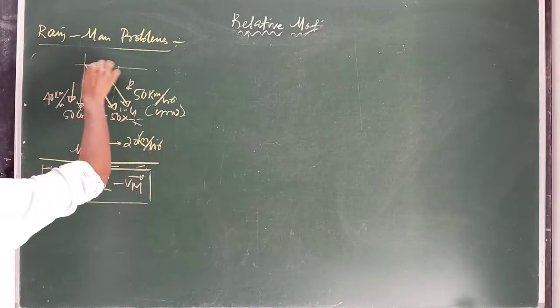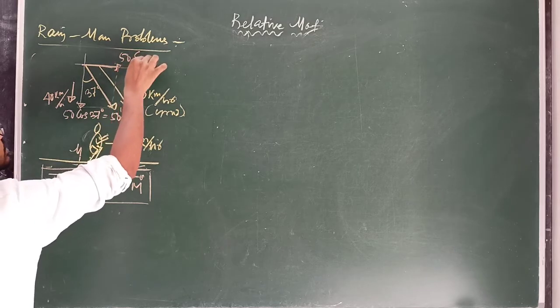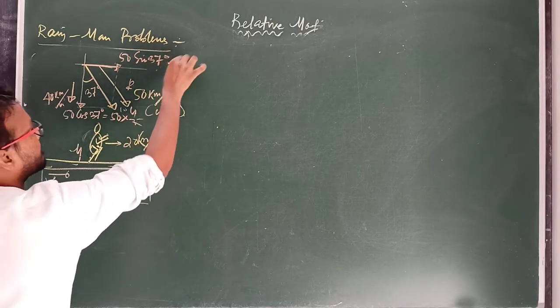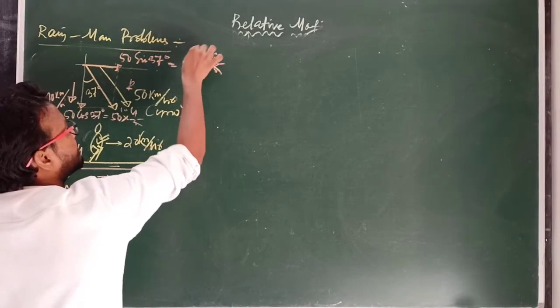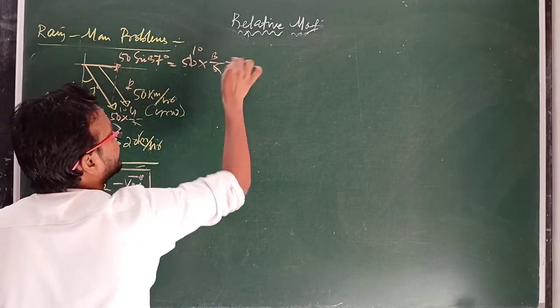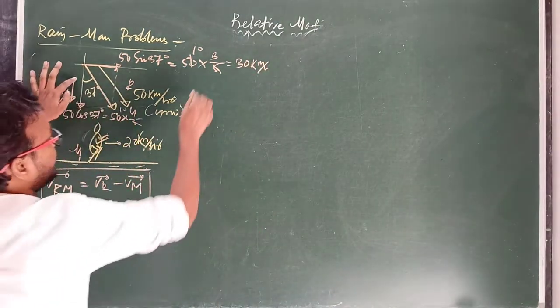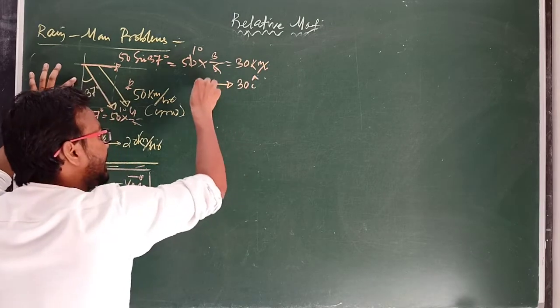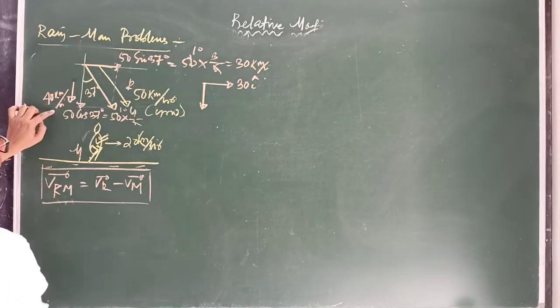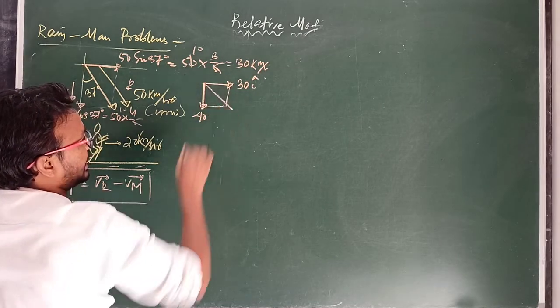Clear? And this component will be 50 into sin 37 degrees, which is 50 into 3 by 5, that is 30 kilometer per hour. That means this is the x-axis, we can write 30 i cap, and this is the downward direction, 40. So the resultant vector will be like this.